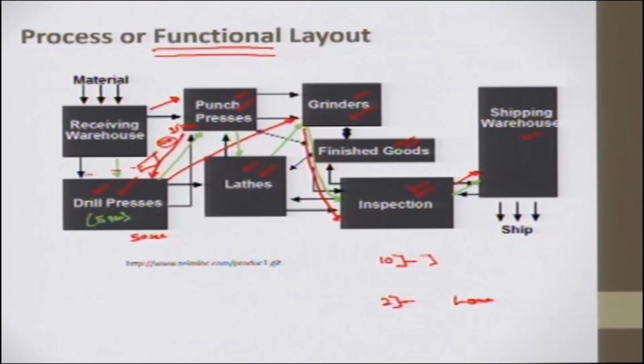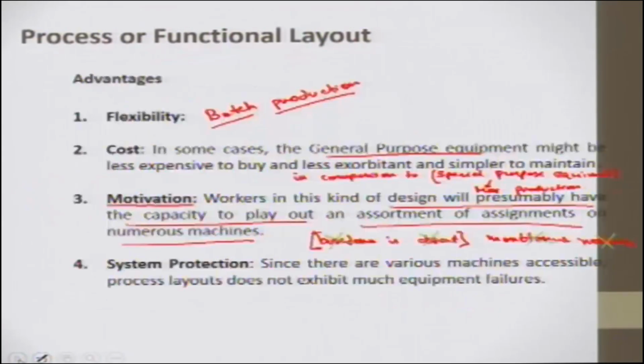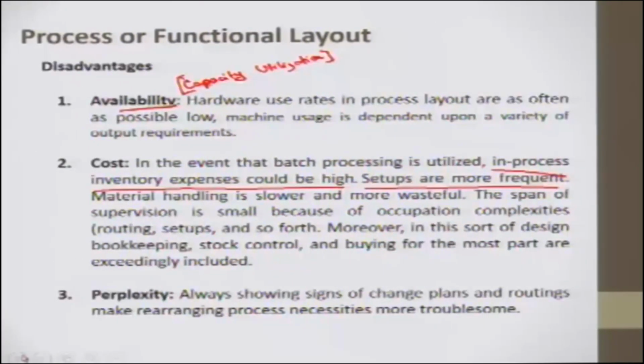Here we will have to locate a buffer to store. So in-process inventory here is high, and when we talk about EOQ, that is economic order quantity, we have two major factors here: inventory carrying cost, also known as holding cost, and the setup cost, that is making an order.